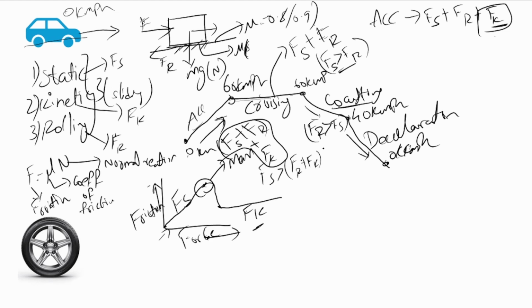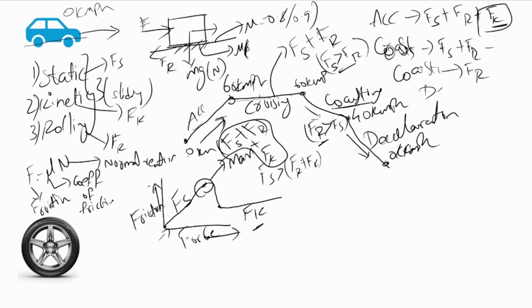That's why rolling friction is dominant here. During cruising, you will have static friction plus rolling friction. When you are coasting, you have only rolling friction.